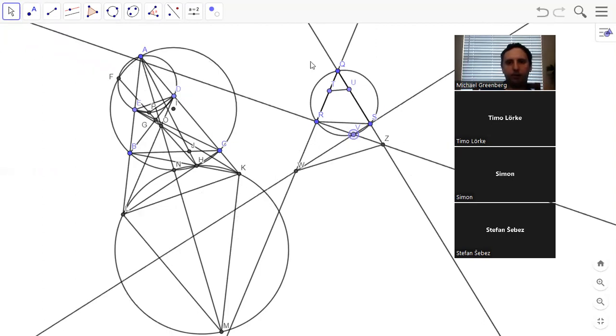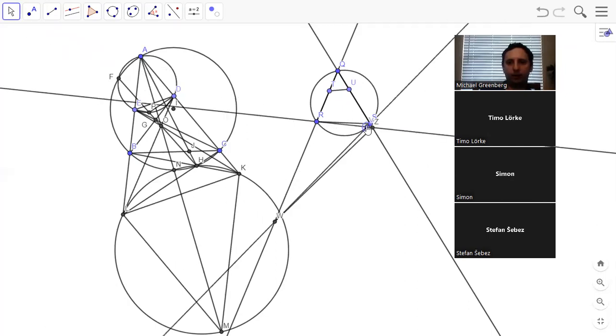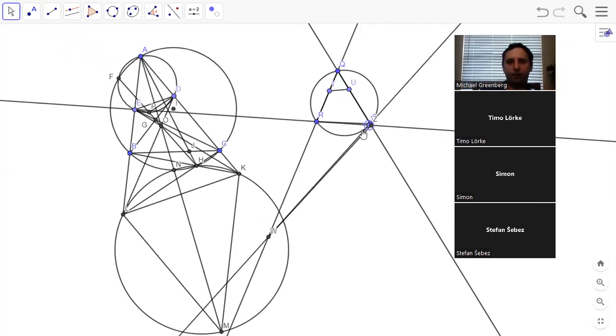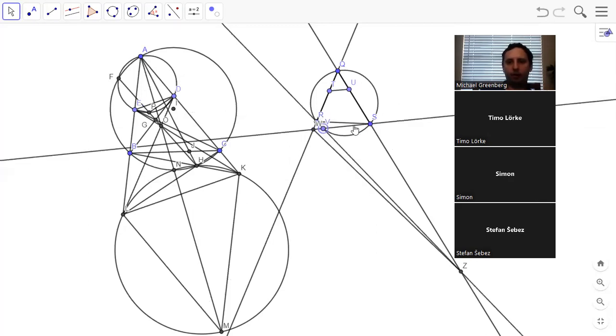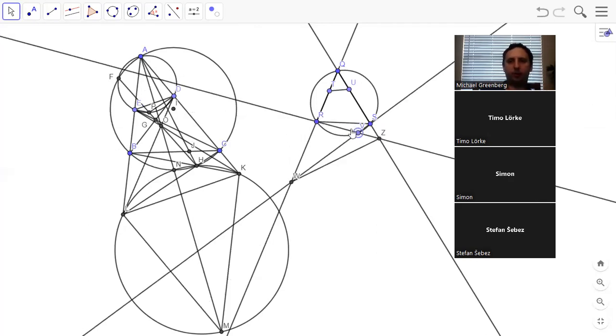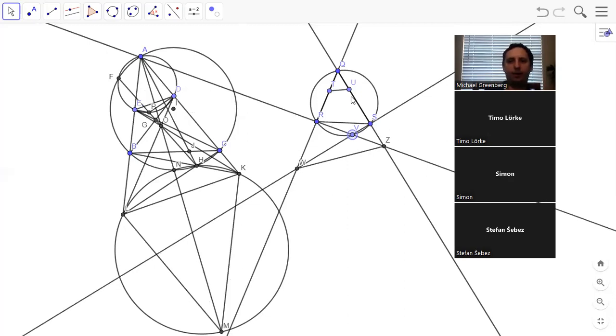Yeah, because the slope of TU is somewhere between the slope of WS and the slope of RZ, right? And when you move V all the way here, the slope would be that. And if you move V all the way here, the slope would be that. So there has to be some point in between where the slopes would match. And I think if I use that fact, I could solve this problem.